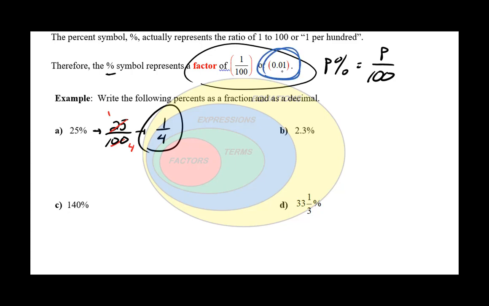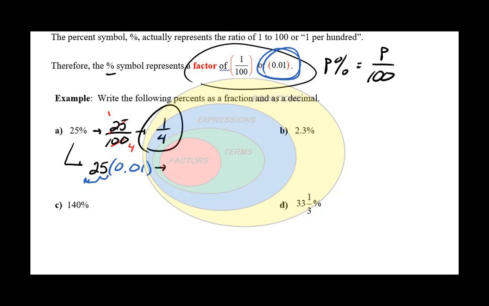Now, to convert this percent to a decimal, we could use the fact that 1 over 100 is the same as 0.01. So we could take the 25 and then replace the percent symbol with a factor of 0.01. Now, when we multiply by 0.01, basically we just move the decimal to the left 2 places.